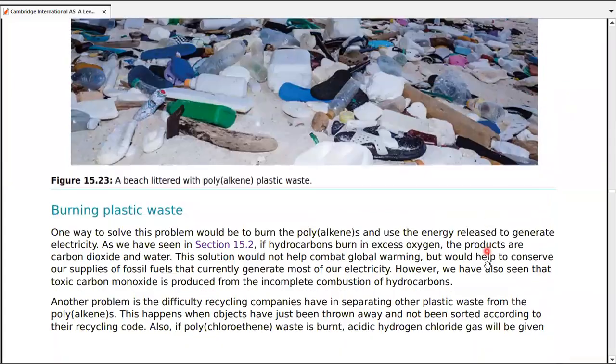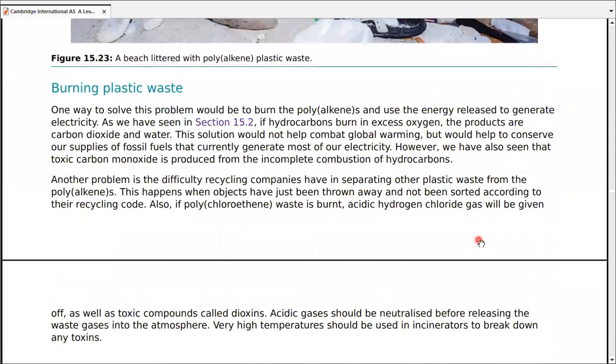So there were two ways out of this whole pollution problem. One was incineration. The specific word was used in just a couple of books back in IGCSE. It means to burn plastic waste.